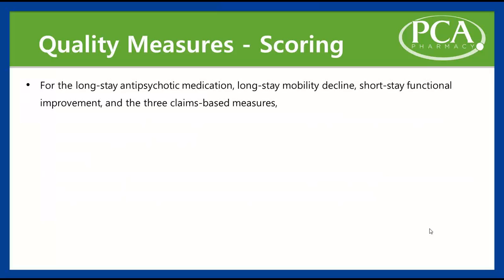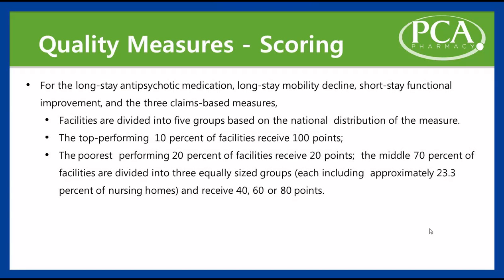For the long stay antipsychotic medication, the long stay mobility decline, short stay functional improvement, and all 3 of the claims-based measures, the facilities are grouped into 5 groups based on the national distribution of each of those measures. The top performing group, the top 10%, receive 100 points. The poorest group, or the bottom 20%, receive 20 points.